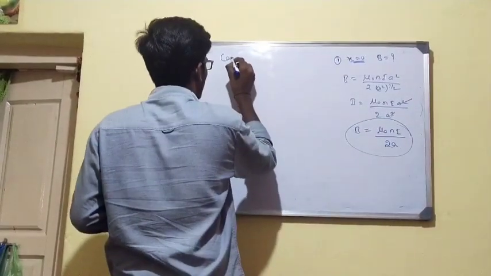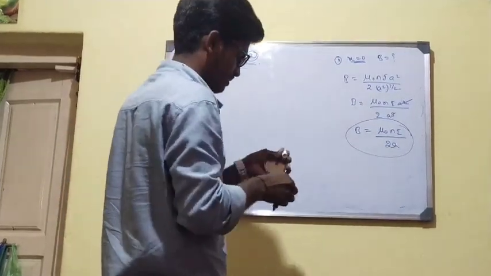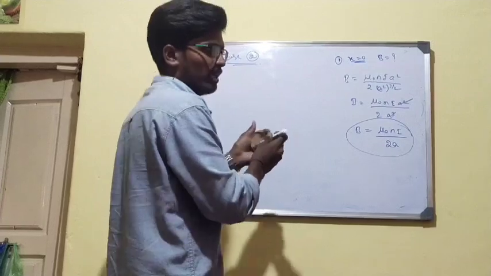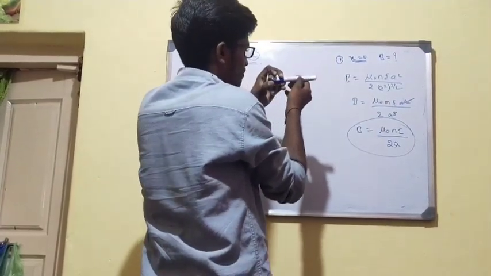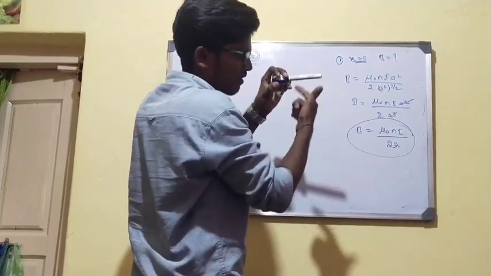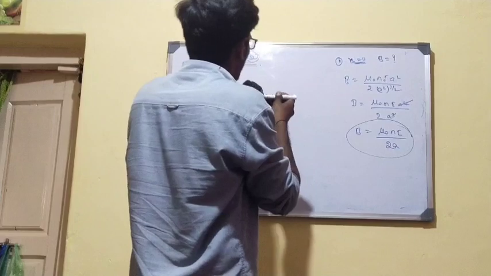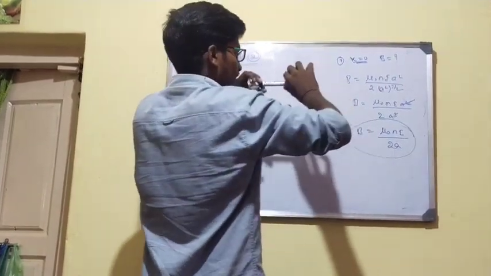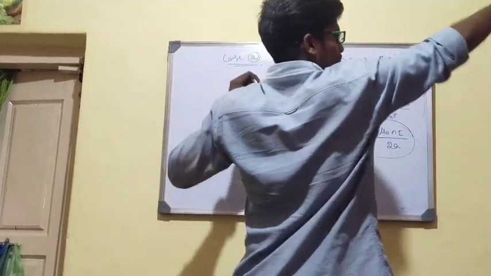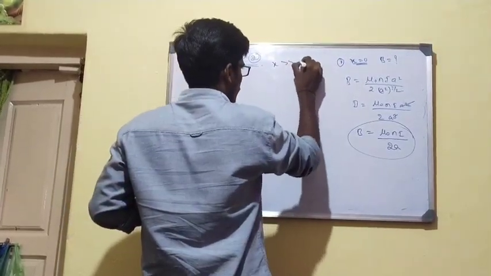Case 2. In case 2, the point P is far away from the center of the coil. If this is an axis, we have already derived the expression for the magnetic field at the center of the coil. Now our task is to find the magnetic field at the point P far away from the center of the coil. At that time, x is so much greater than a.